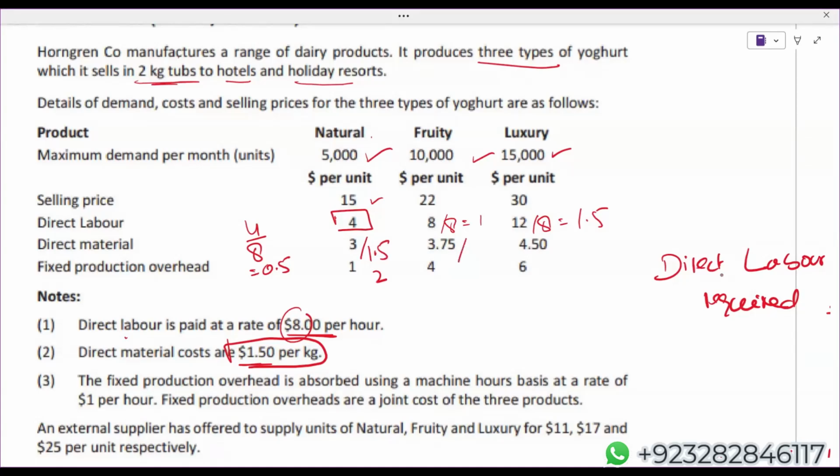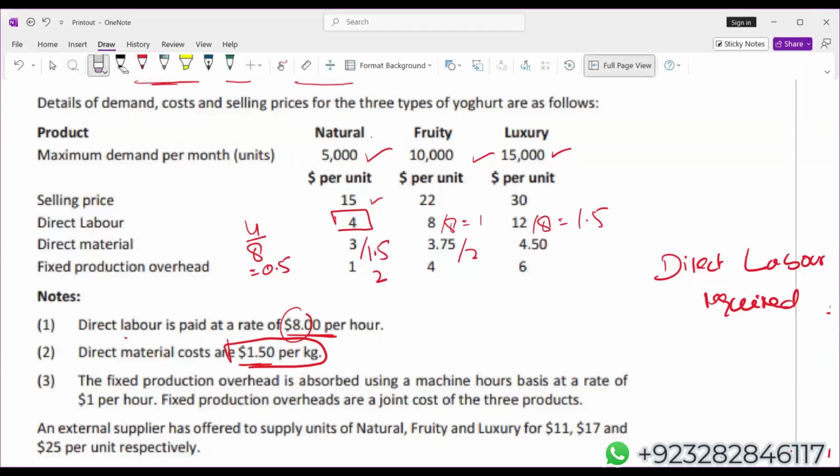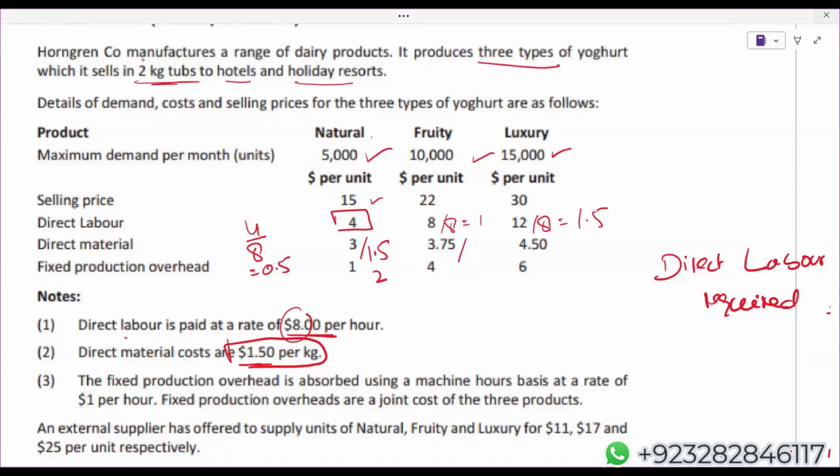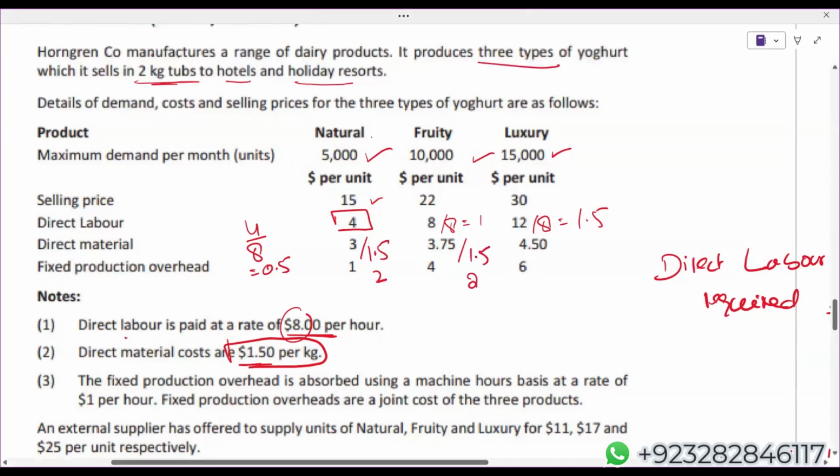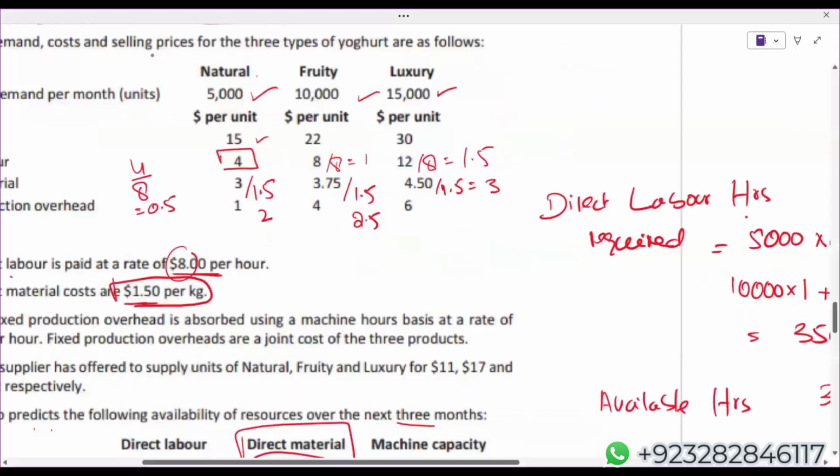Fruity: 3.75 divided by 1.5 gives 2.5, so 1 unit of fruity takes 2.5 kgs. Luxury: 4.5 divided by 1.5 gives us 3 kgs, so 1 unit of luxury takes 3 kgs.